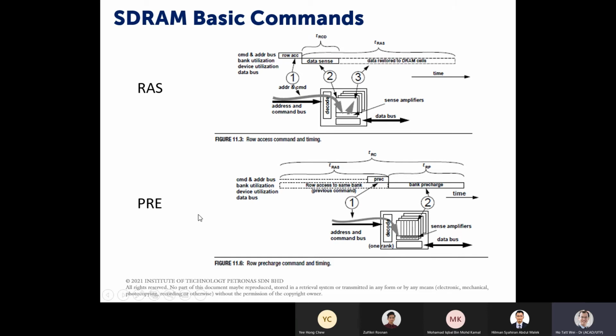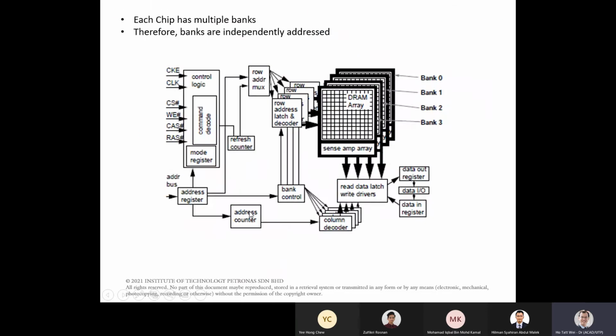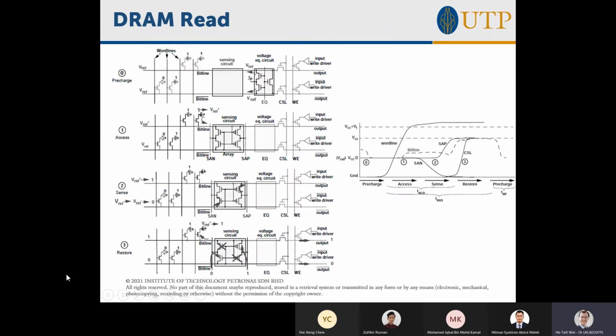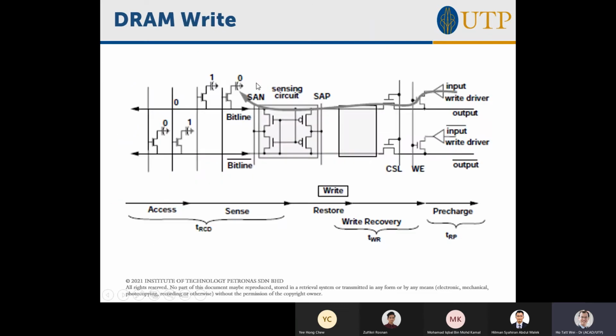A pre-charge command, remember the pre-charge step. Okay, let me go back here. Row access strobe is these 3 steps, 1, 2, 3. Pre-charge is this step, that is you just setting the 2 bit lines to be the same, VREF at VDD over 2.